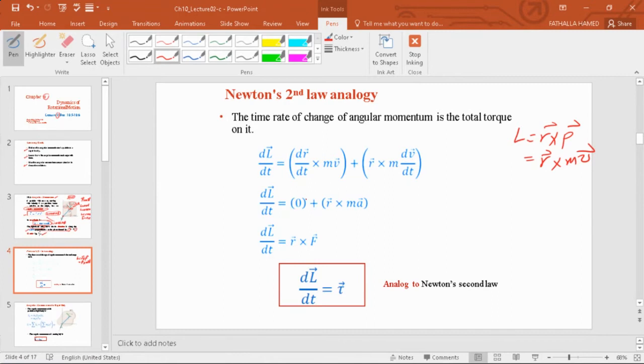Now, dr by dt will give you 0 because the particle will be fixed there, at that position vector. The magnitude is not going to change.